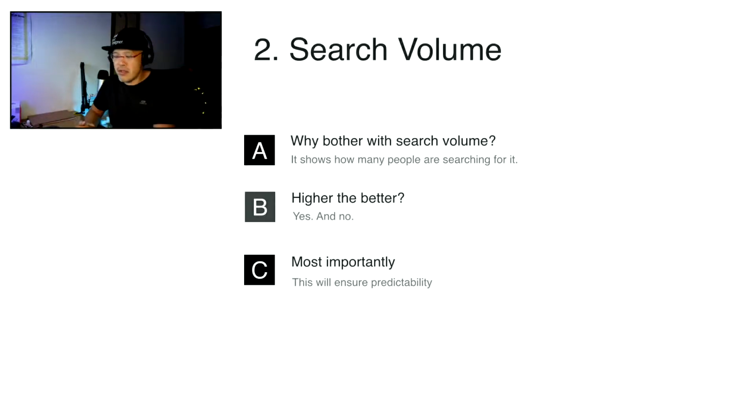Now the other thing is, why is there a need to look at search volume? And I always tell people this: what is the definition of a business? A definition of a business, and all good businesses will be able to do this, is to know that they have a revenue stream that is predictable, right?